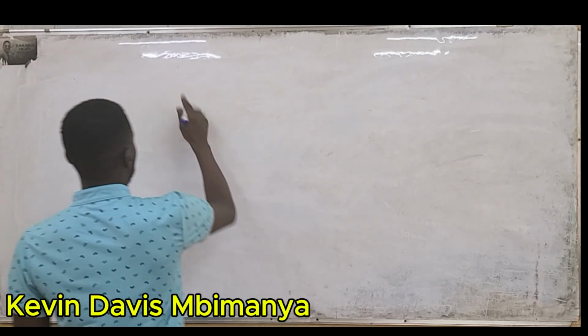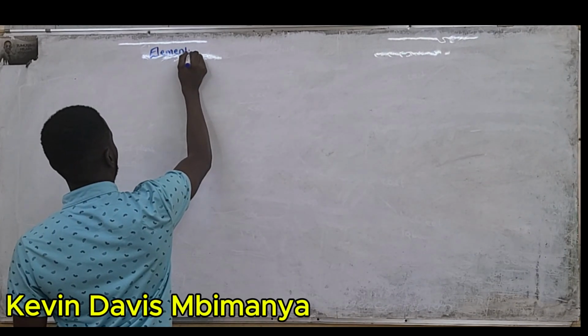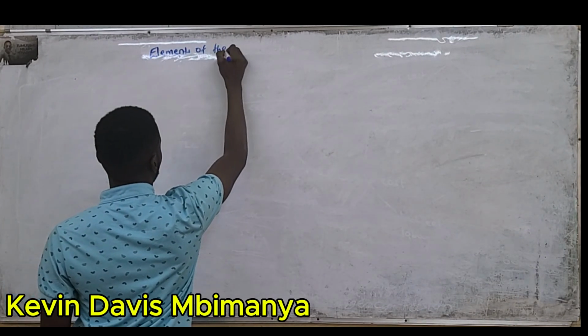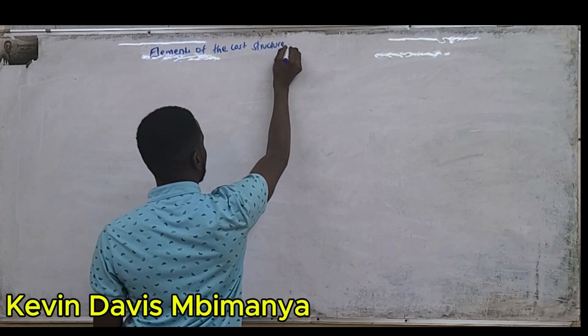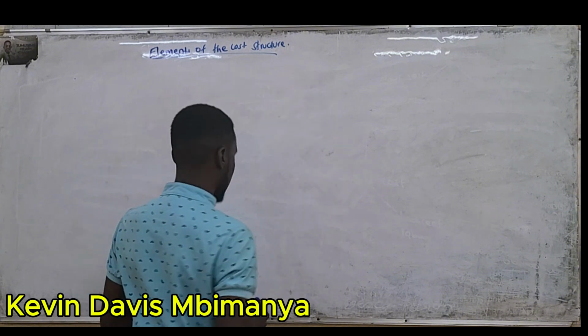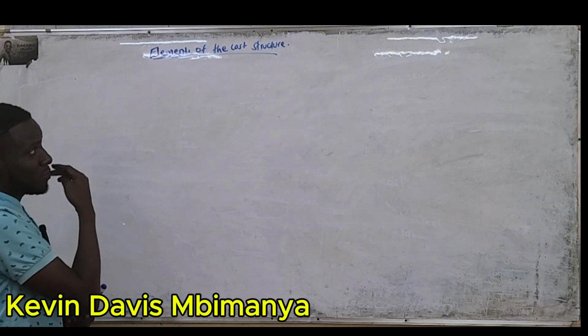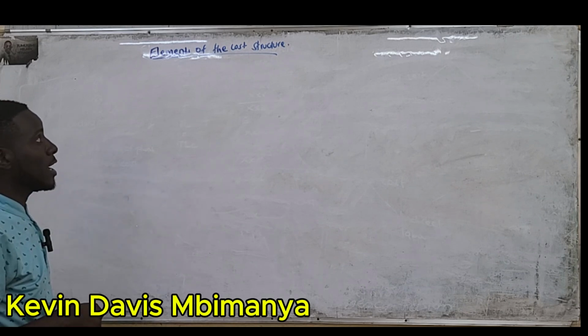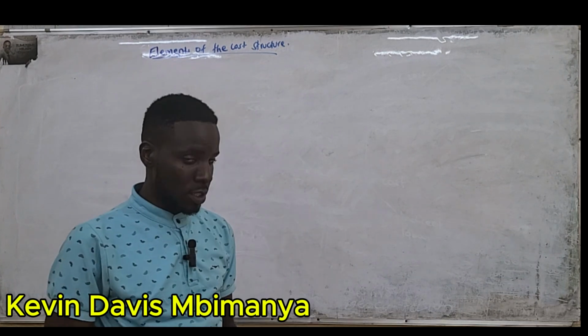So today I'd like us to look at the elements of the cost structure. Now, when I look at the elements of the cost structure, we are going to look at how these elements are arranged when you're ascertaining cost.